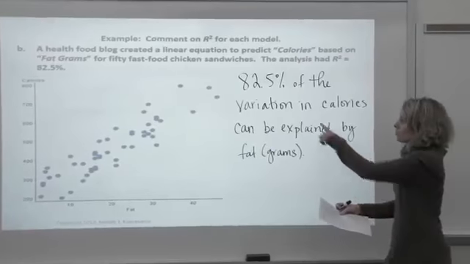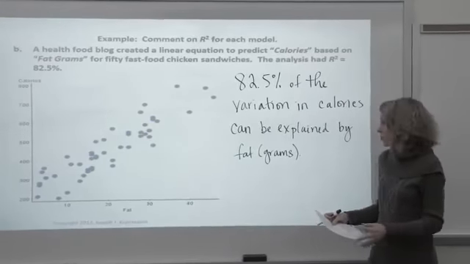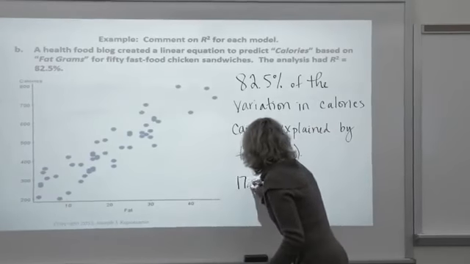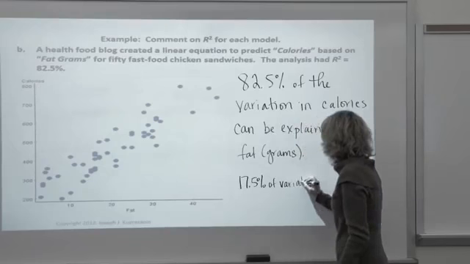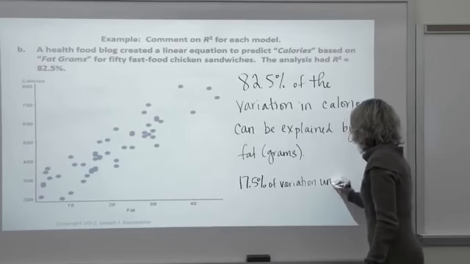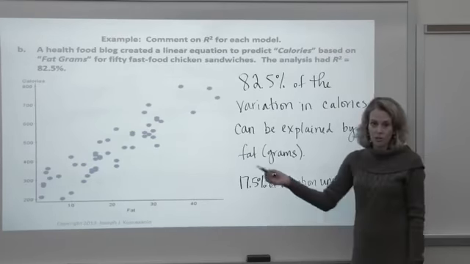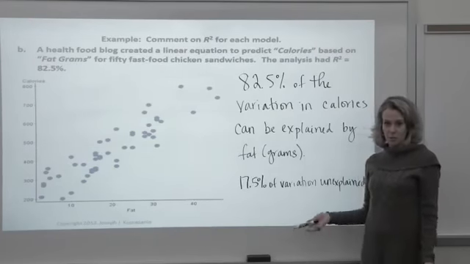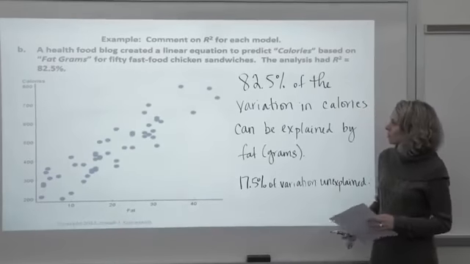There is still the other 100 minus that, the other 17.5%, that is unexplained or due to other factors. And clearly there's other things that affect the amount of calories in a sandwich besides just the grams of fat, so that's where this unexplained percentage comes into play.